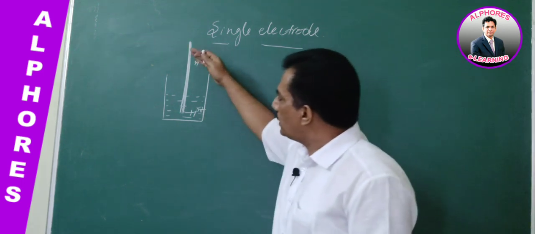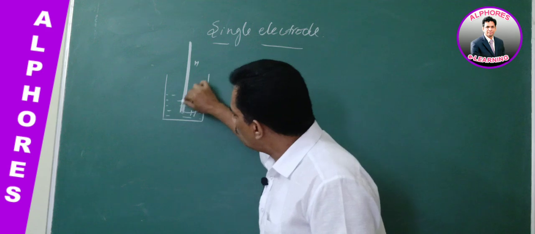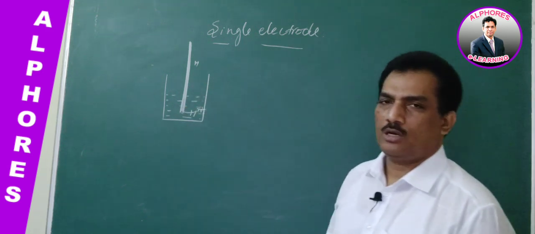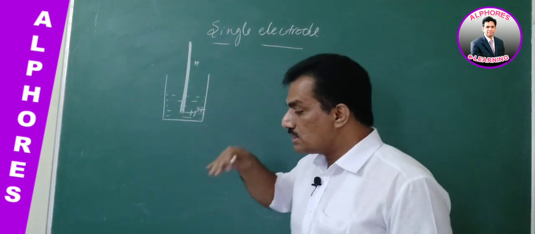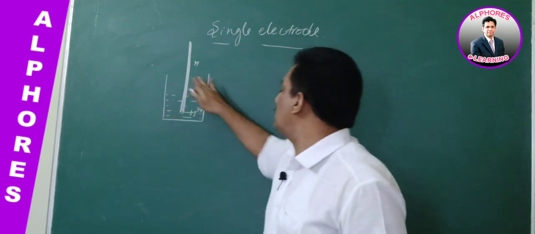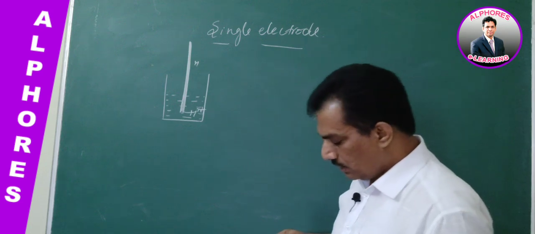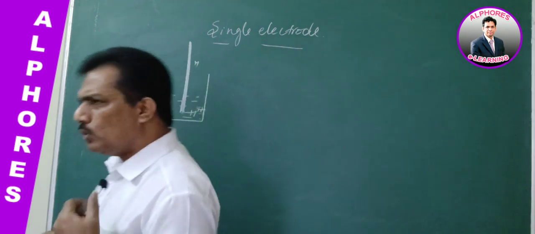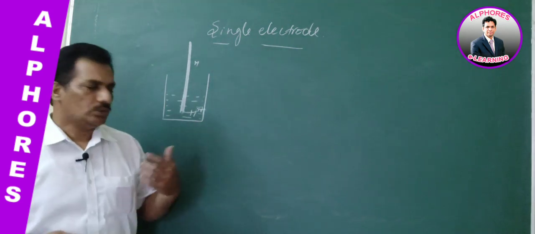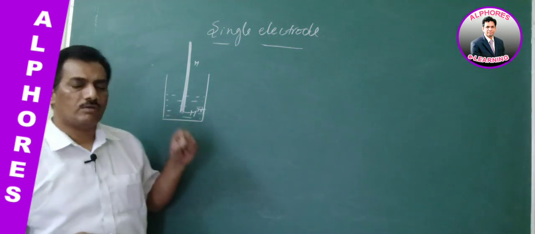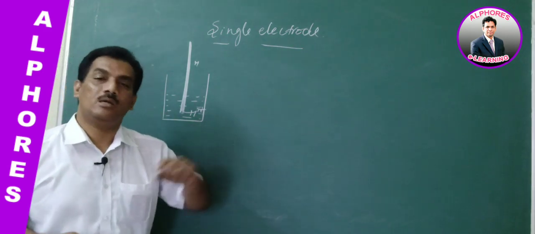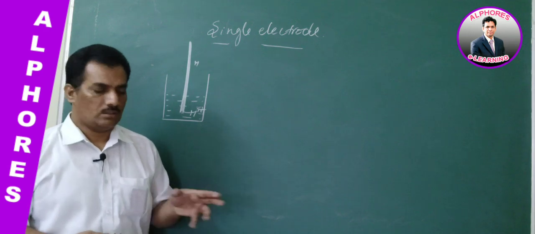So a metal dipped in its own salt solution, or in case it is a non-metal, the gaseous non-metal is made in contact with its anionic salt solution. That indicates that the non-metals, mostly except hydrogen, all the remaining non-metals always tend to participate in the anionic part of the salt.